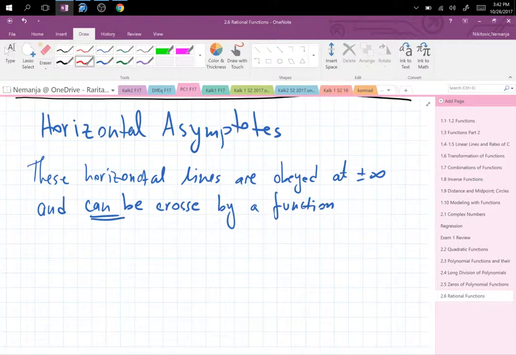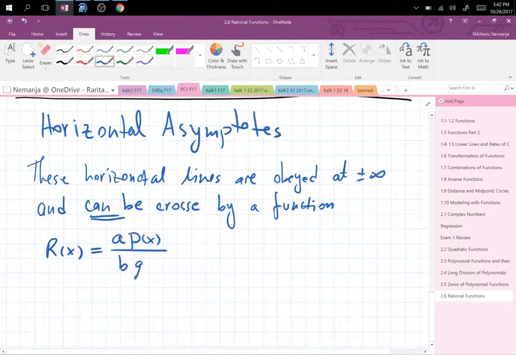Now, what you have to memorize are 3 cases of where and how these things appear. You are going to have your rational function, r of x, equal to a times p of x, divided by b times q of x.